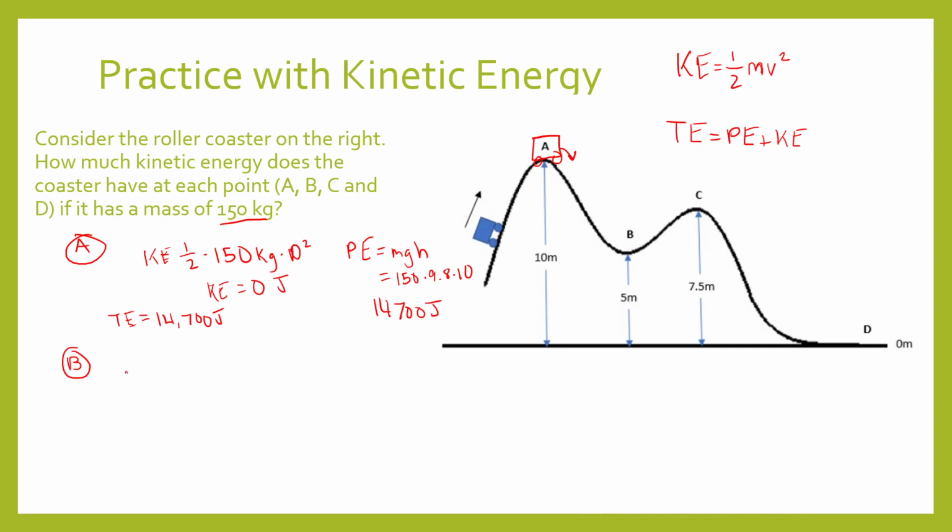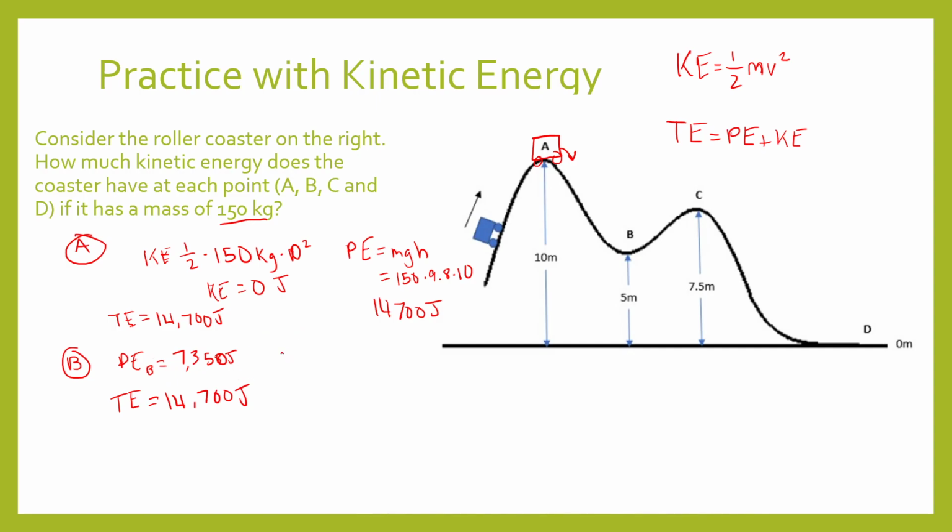At point B now, we have a different situation. The potential energy, if you remember, at point B was equal to 7,350 joules. But the total energy is still 14,700 because of the conservation of energy. So where did that energy go? Where must that energy be?